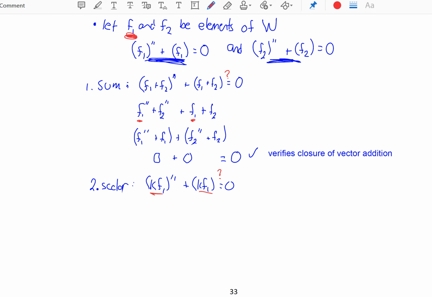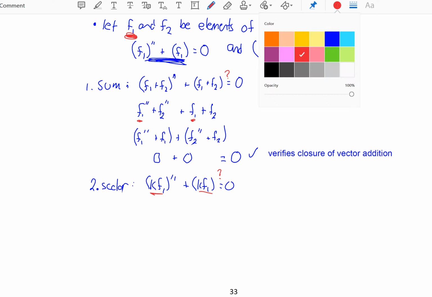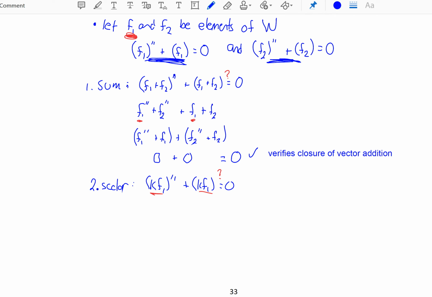So again, from calculus, we want to recall that whenever you have the derivative of a constant times a function, that is the same as a constant times the derivative of the function. Notice we can factor out the common factor of k.